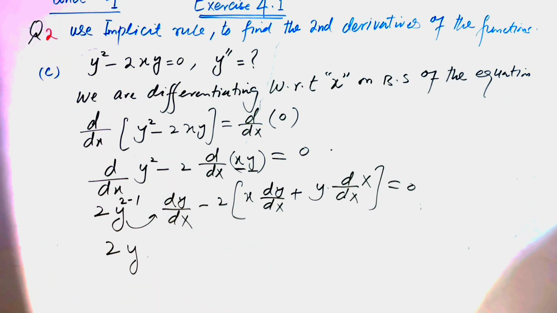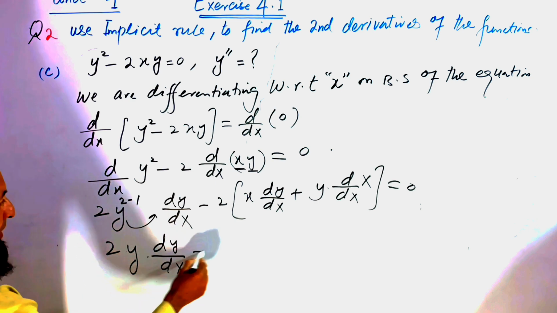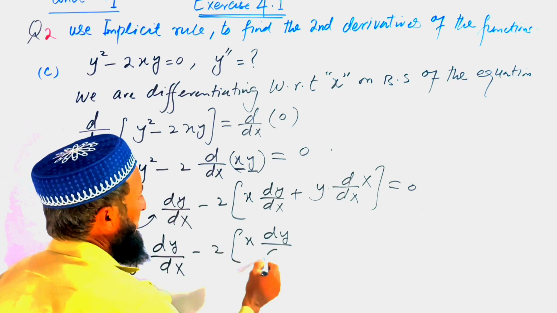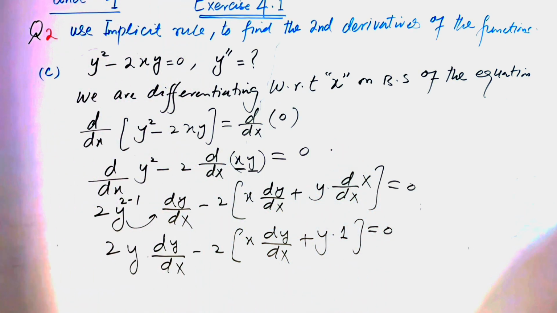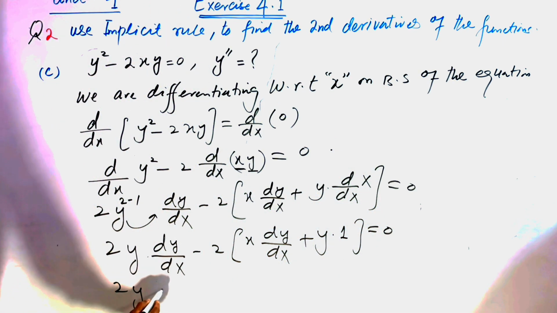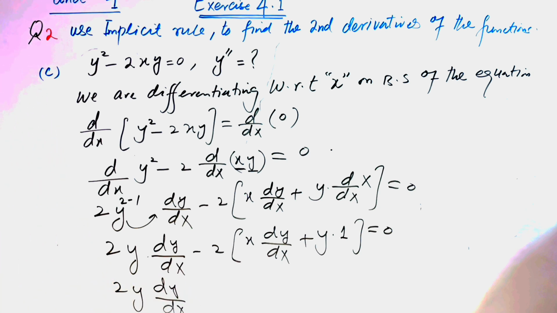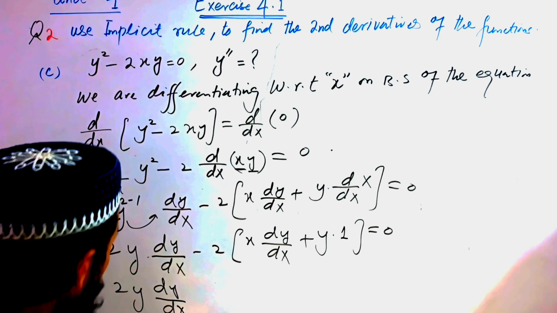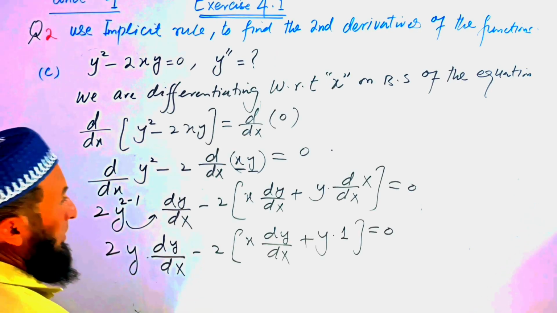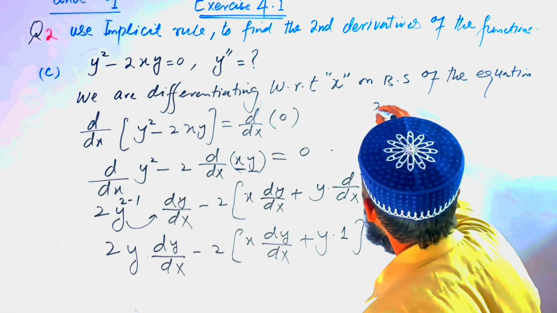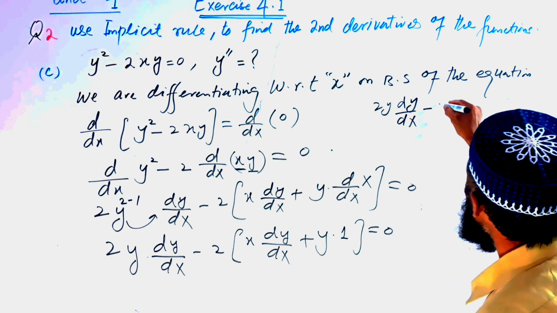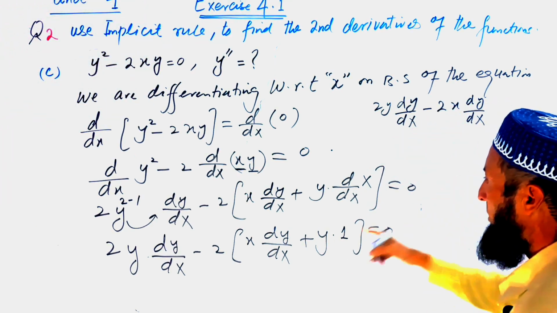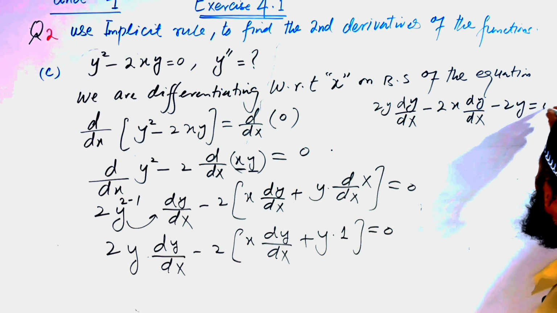Now simplify: 2y dy by dx minus 2x dy by dx minus 2y is equal to 0.